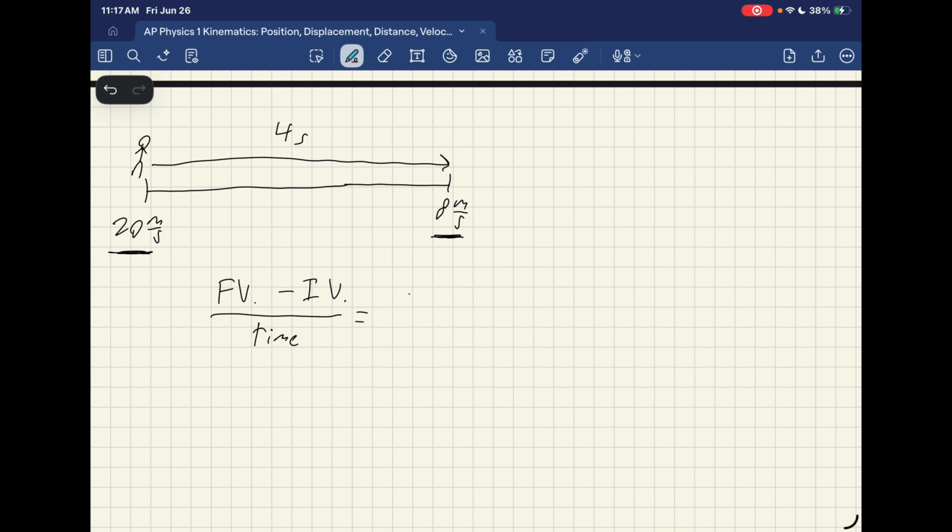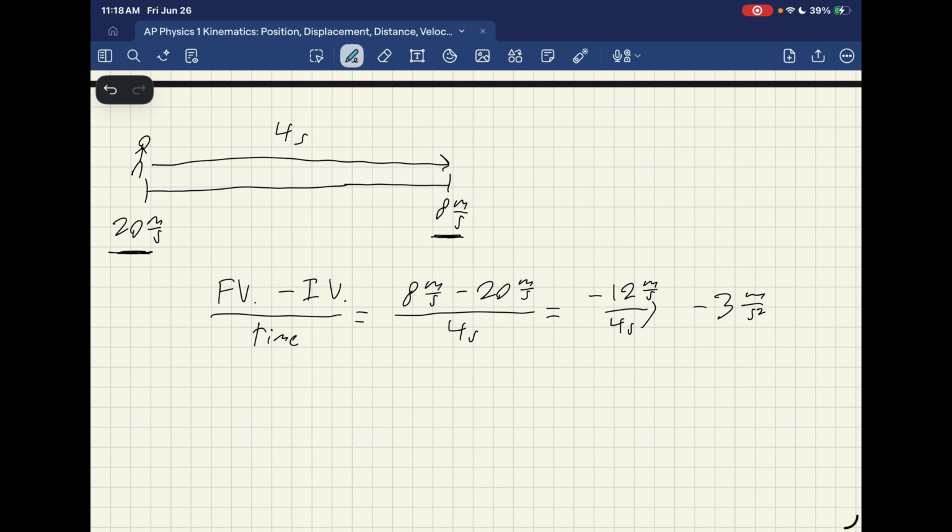So this is 8 meters per second minus 20 meters per second divided by our 4 seconds. 8 minus 20 is, let's see, negative 12 divided by 4 seconds. Again, the seconds combine on the bottom. So we have negative 3 meters per second squared.